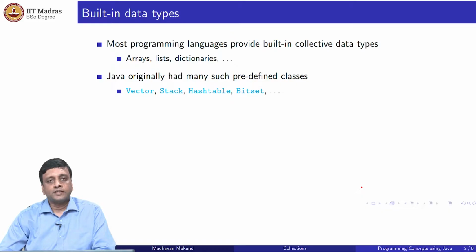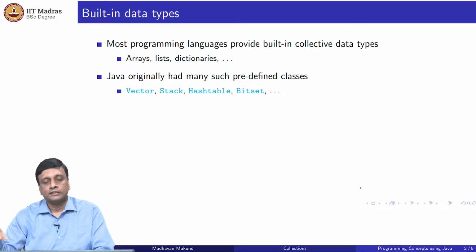So, when Java was first designed, there were similarly a number of independent data structures which were typically useful for programmers. Vector, which is a kind of flexible array; stack, which is a last in first out structure, where the last thing that you put in is the first thing that comes out; hash tables, which we will talk about a bit; and so on. These are in the same spirit as Python having lists and dictionaries and sets.